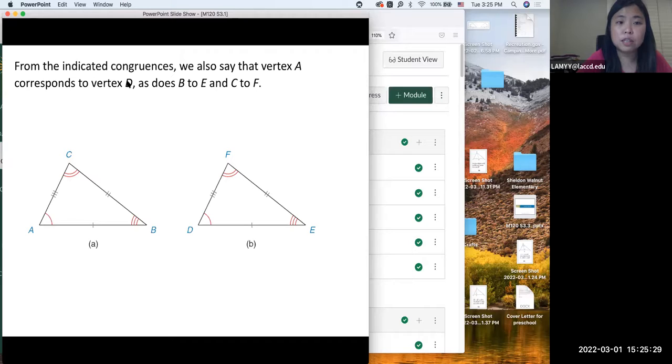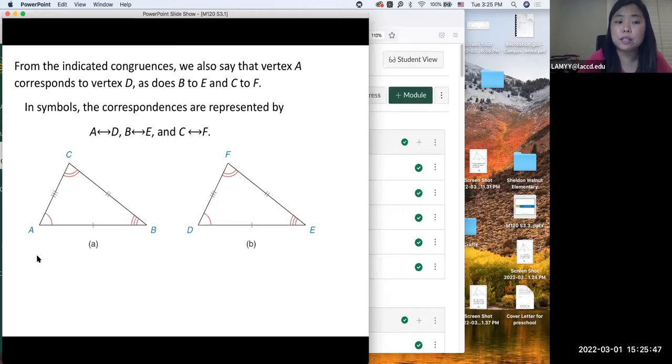From the congruence statement, we also say that vertex A corresponds to vertex D, vertex B corresponds to vertex E, and vertex C corresponds to vertex F. So when you write the triangle ABC, you have to do it in this order: triangle ABC is congruent to triangle DEF.